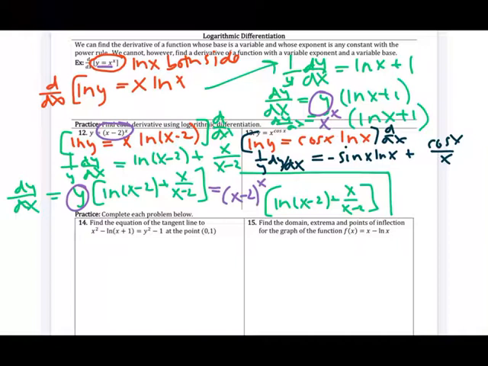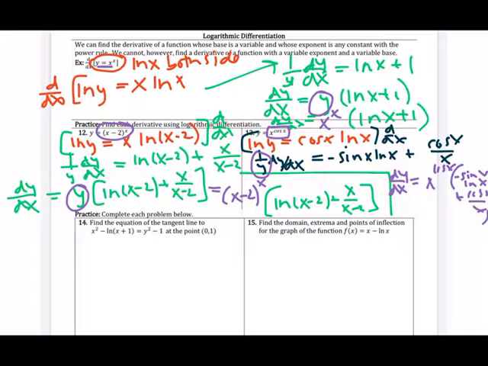I'm going to do both moving y to the other side and substituting back in what y is equal to at the same time here. So this derivative, dy dx, is going to be equal to x to the power of cosine of x times, oh no, this is not going to fit, negative sine of x natural log x plus cosine x over x. I apologize. That's what I get for writing so big on number 12.